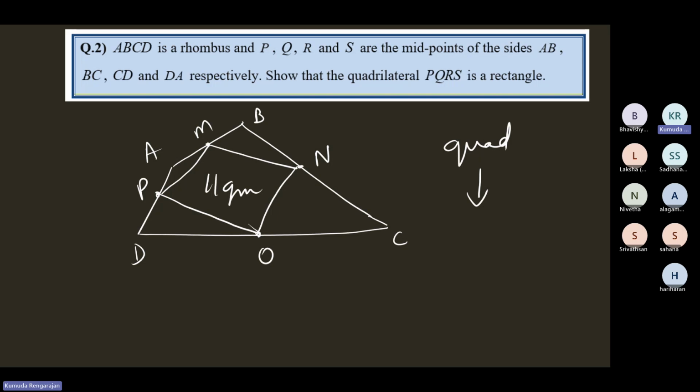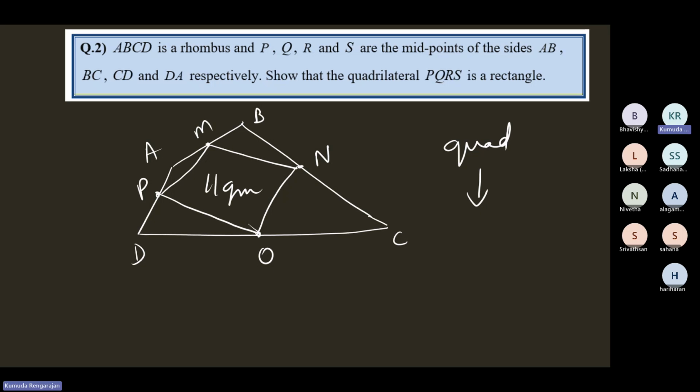ABCD is any quadrilateral. We have a new quadrilateral formed by joining the midpoints of the sides of ABCD. That new quadrilateral MNOP is a parallelogram. ABCD is not a parallelogram, it is just any quadrilateral.